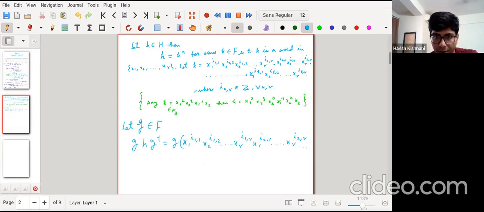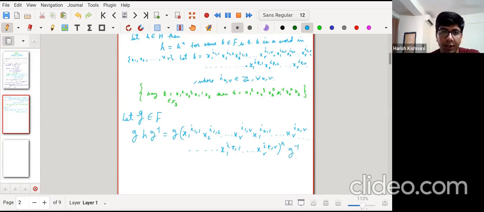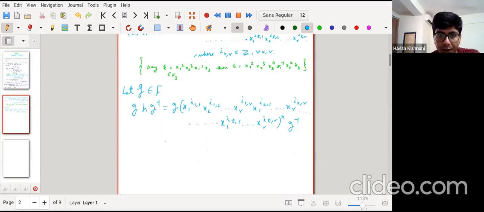At the end, we will get x1 i_{t,1}, so on to xr i_{t,r}, and it is raised to some n. Okay, this is our conjugate. So now you can write it like this.